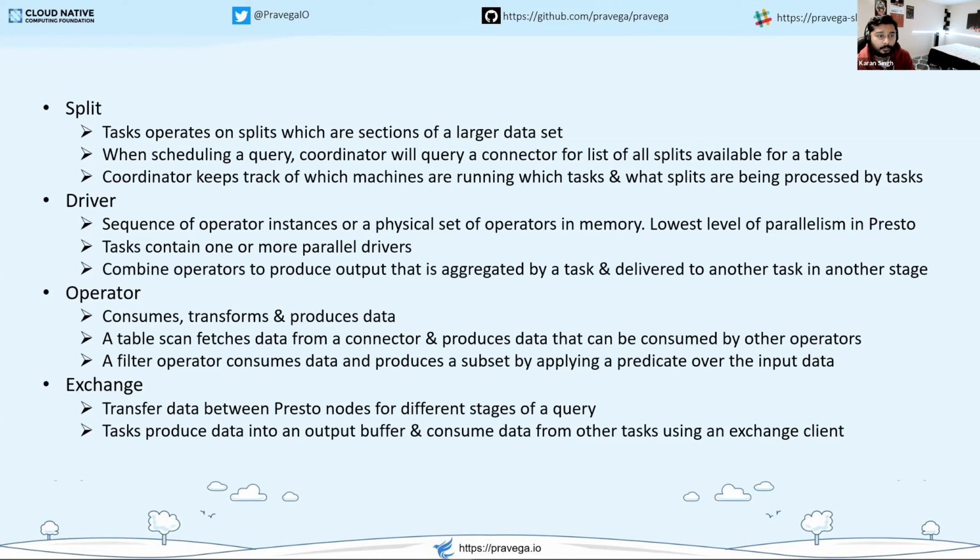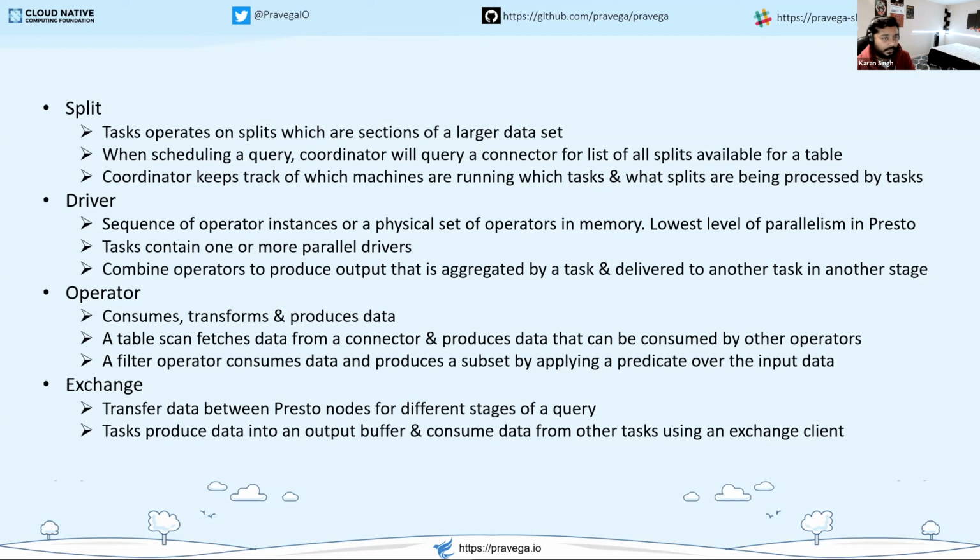Now, talking about the operator: an operator is the basic definition of a general operator that would work anywhere in a database world. It consumes, transforms, and produces data. A table scan fetches data from a connector. It produces data that can be consumed by other operators.